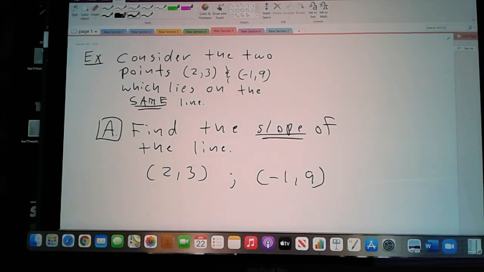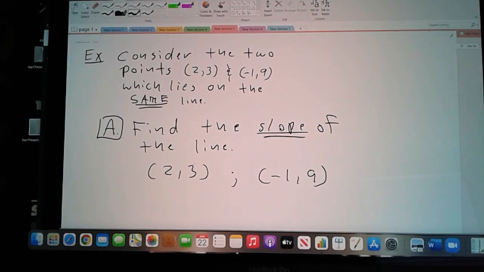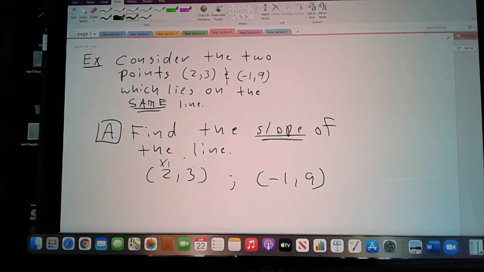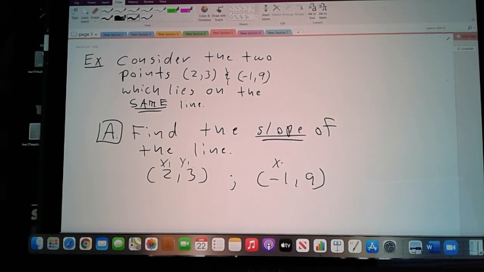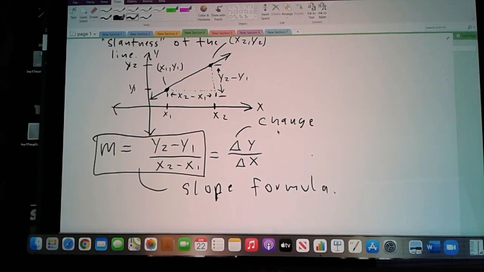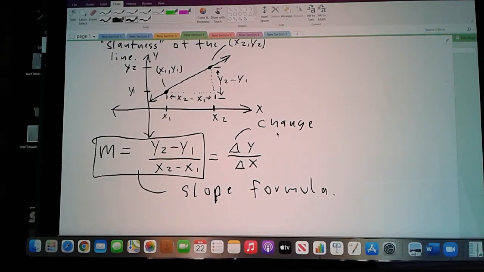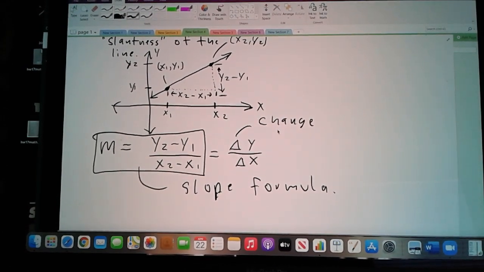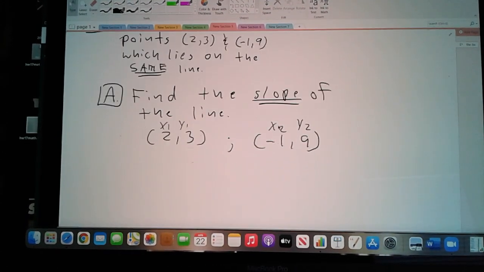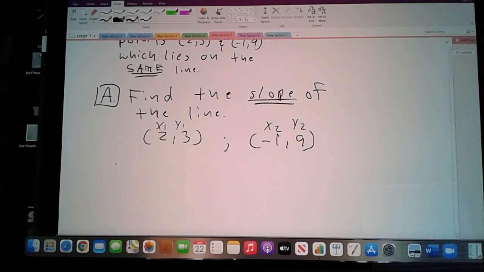So these are the 2 points that I have here that we're working with. I'm going to label this one x1, y1, and this one x2, y2, so it's very consistent with the picture that I made here. So you have 2 points, basically. From that, we can use our slope formula to get the slope.